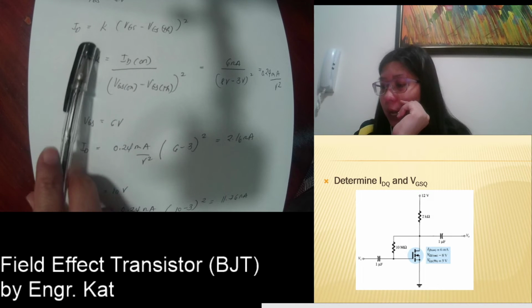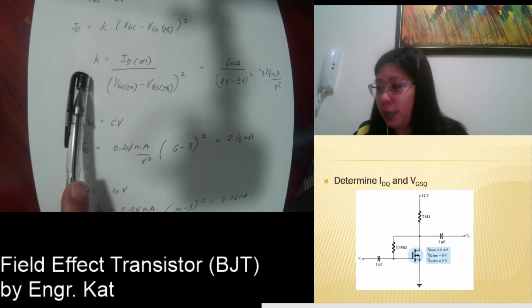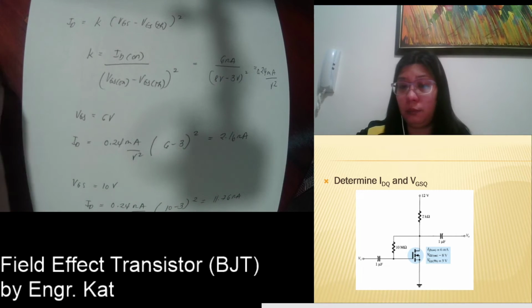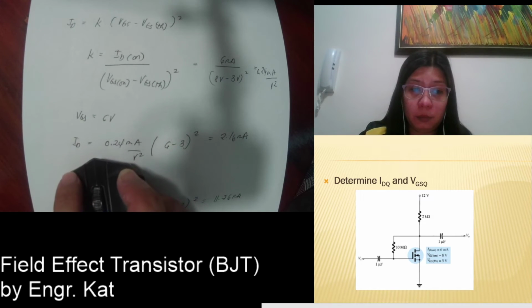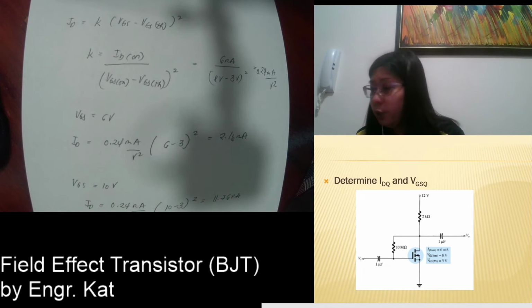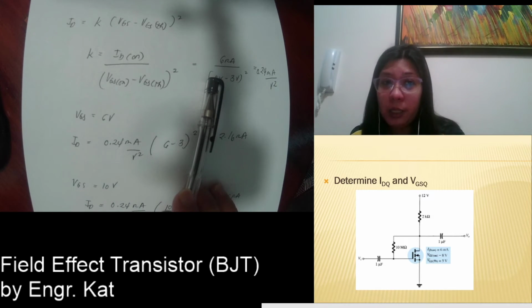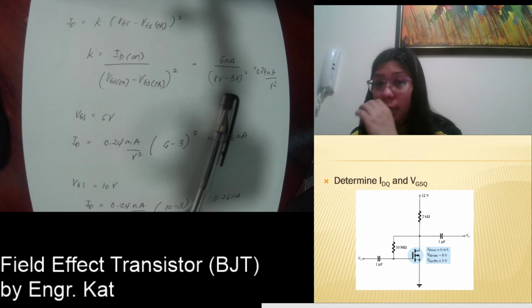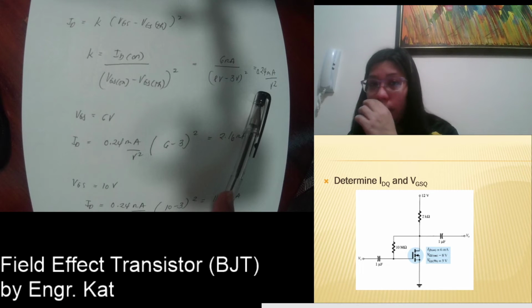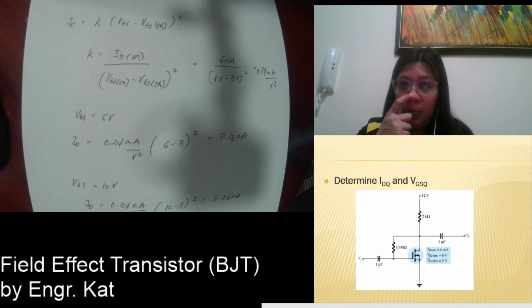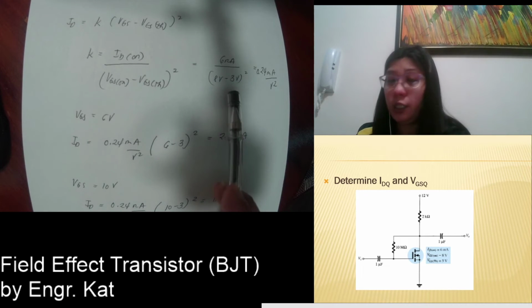So using those values, we can solve for your K: that is 6 milliamperes divided by 8 minus 3 squared, where 8 is your VGS on. That will give you 0.24 milli. So what is the unit? Ampere per volt squared, because this is V squared.